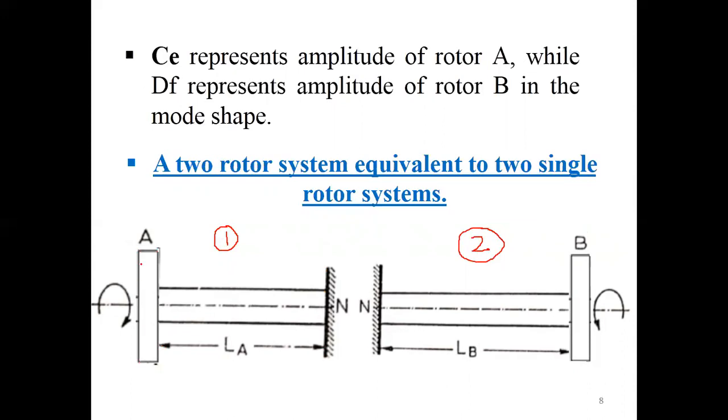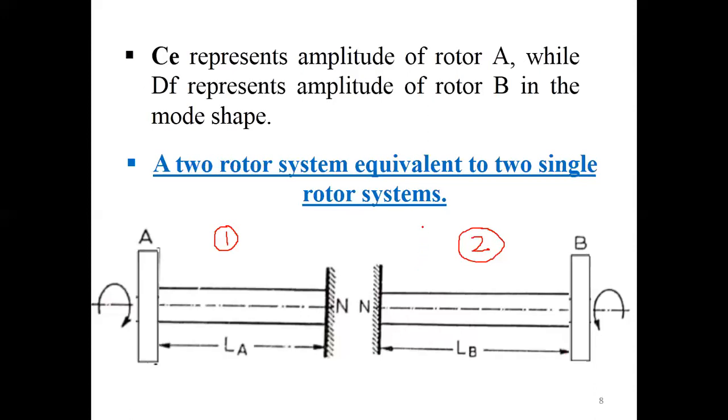This is the first system, a single rotor system. And on the other side, similarly, there is a second single rotor system where again the node is the fixed end, and at a distance of LB from the node, rotor B is mounted. So actually what happens here is the two-rotor system is divided into two single rotor systems.